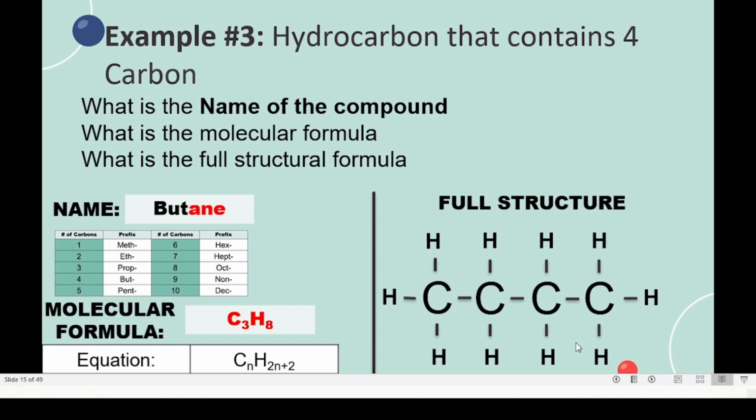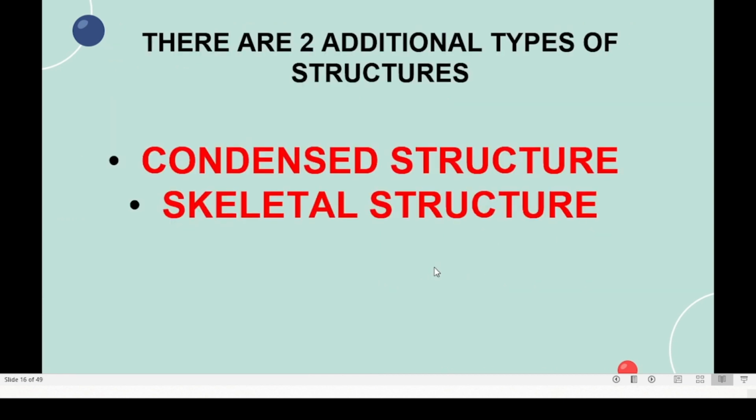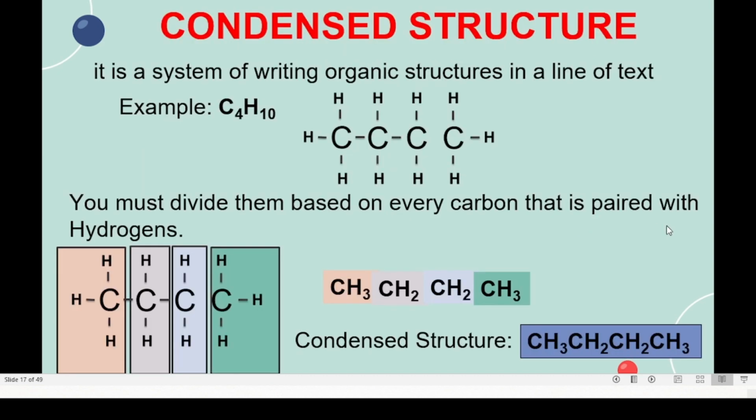Here, this is the full structure of an alkane. Now, there are 2 additional types of structures that we are going to use: the condensed structure and the skeletal structure. The condensed structure is a system of writing organic structures in a line of text. For example, C4H10.